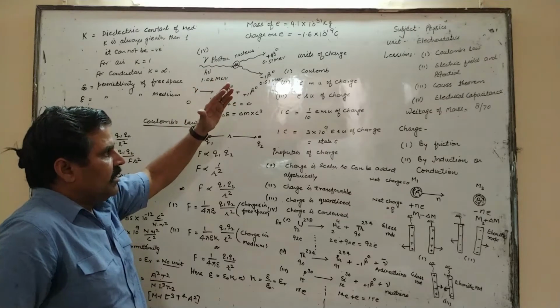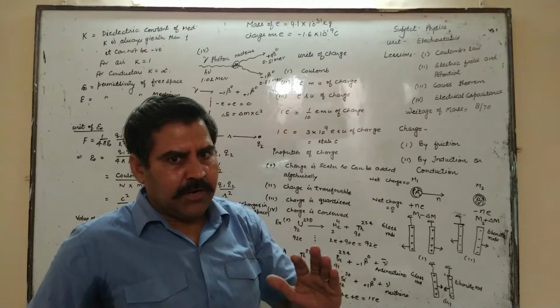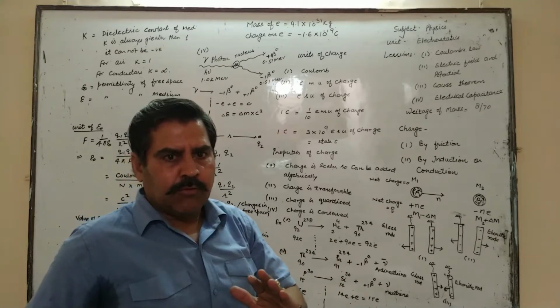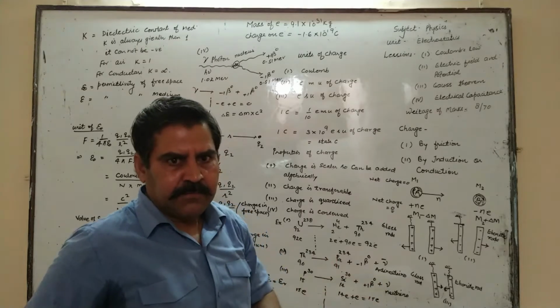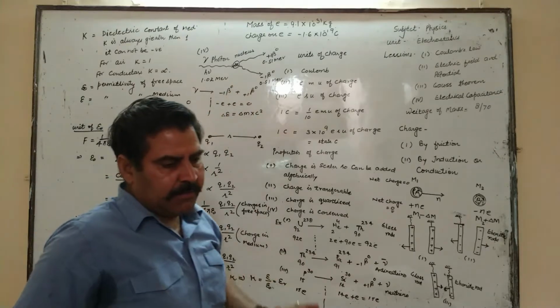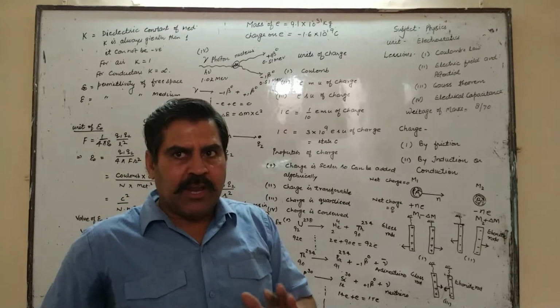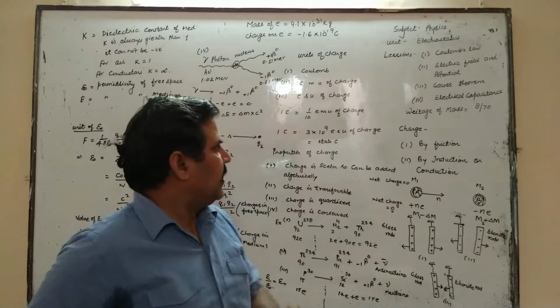But in fact, this is not 100% correct. Now it is up to you to see what is wrong and what should be the correction. Both particles, positron and beta particles, will have equal energy, or will someone have more or less energy?